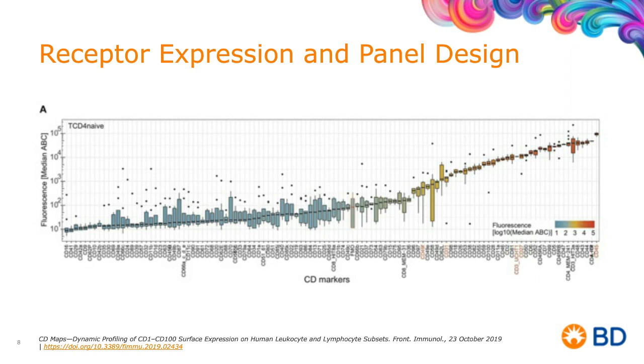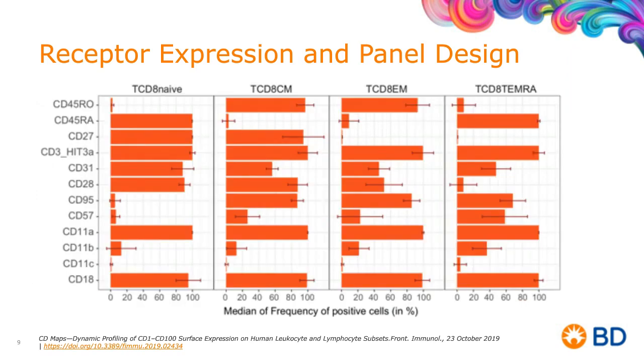Now, Pablo's team did a lot of different work, and I extracted this figure out because it told a great story. It looked at the expression of a number of specificities important in the different subsets of CD8. And as we look at this, it's a great source of information that says what's on what cell and what's not.